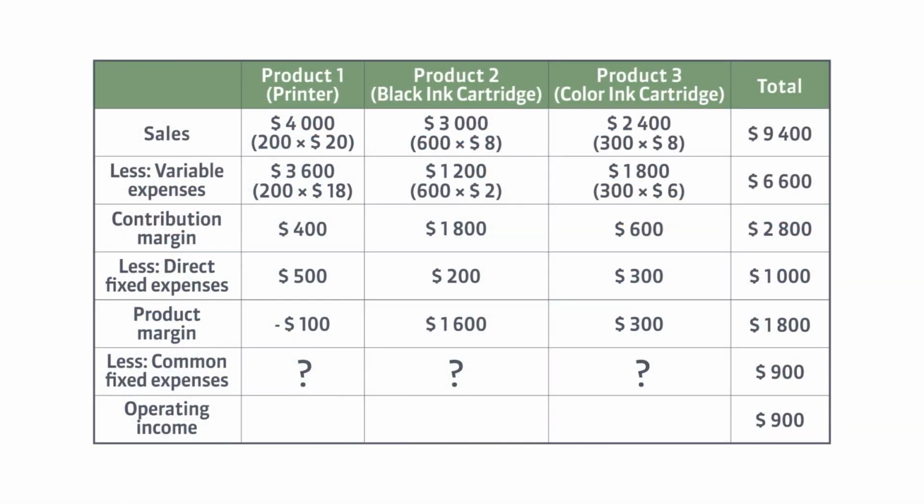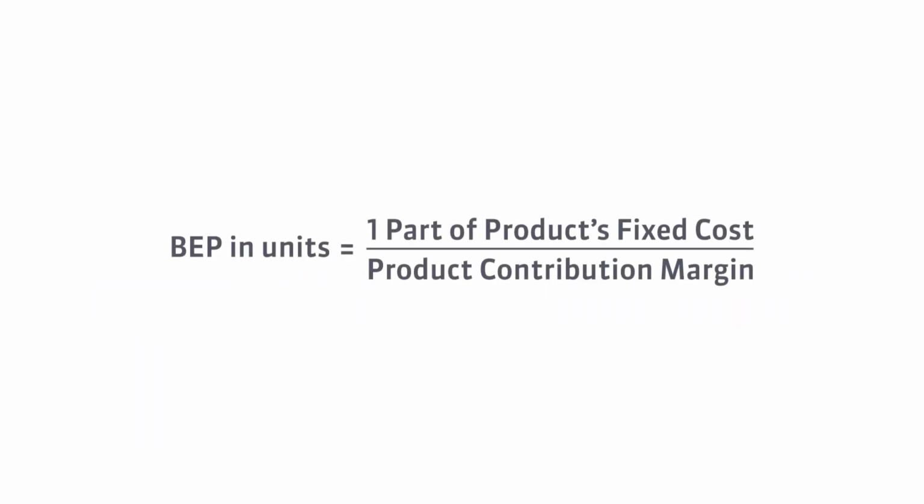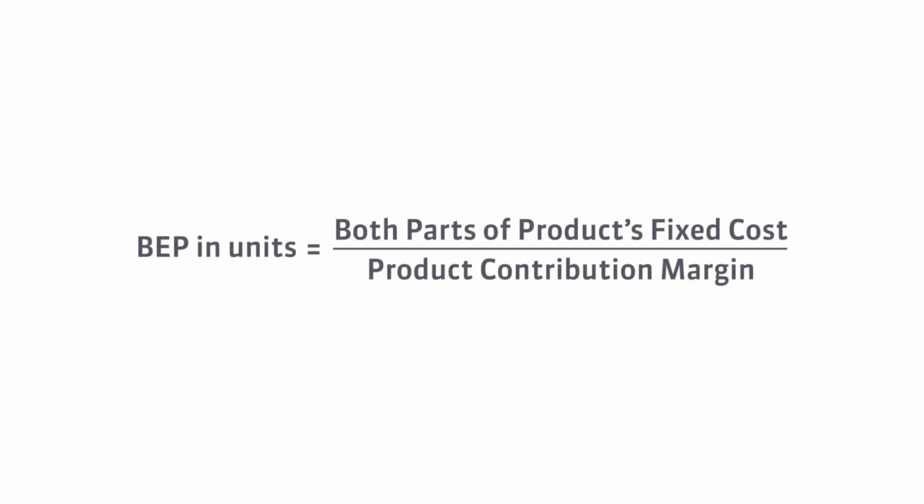In our case, I decided to divide this cost in 3 equal parts. $300 for each product. Our previous formula was slightly modified as the appropriate part of the remaining fixed cost was put into the denominator. Now the break-even point of each product looks like this.